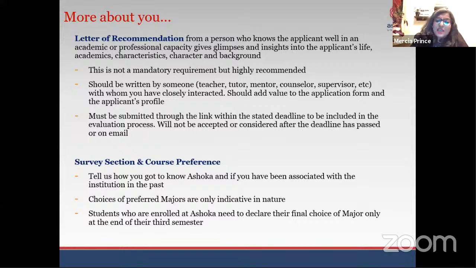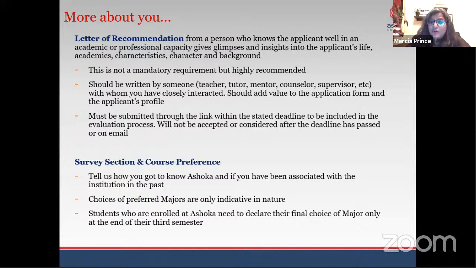They can tell us about maybe your academic interests, about special characteristics about you, strengths or weaknesses, or things they think that you are extremely good at and that you can excel at, or skills that you have. Maybe something about your character, or maybe an insight into you as a person. Anything that they can tell us that would add value to your application form.